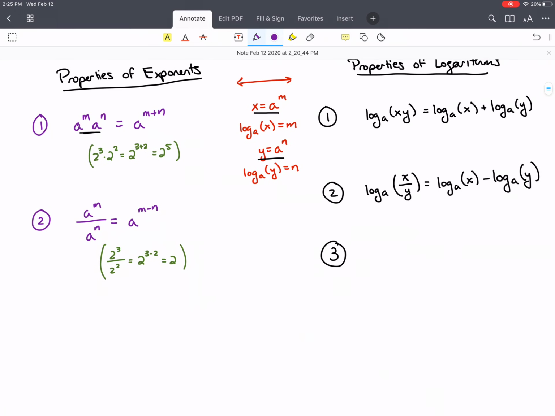And then the last property that we want to talk about is if I take a power and I raise it to another power, I wind up using the product of the exponents. So 2 cubed then squared is 2 to the 3 times 2, or 2 to the 6.